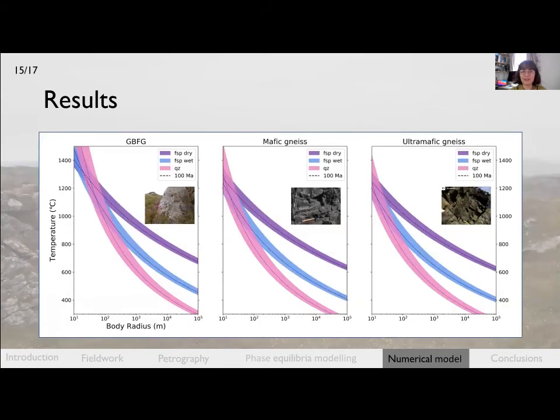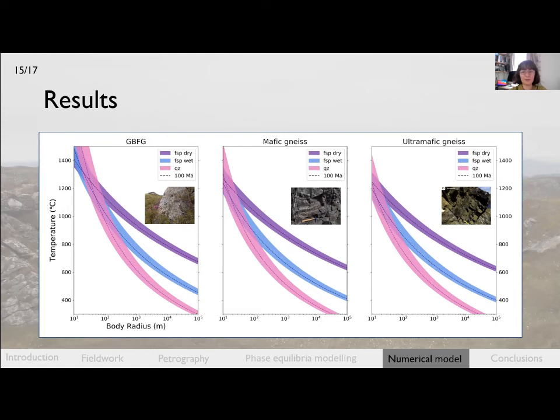We can then plot these curves for each possible particle end member and for all of the TTG relevant flow laws, noting that as TTGs are feldspar dominated, their behavior is best represented by outcomes closer to the feldspar flow laws than quartz. We can add constraints based on our observations of the Lewisian to define the relevant area in terms of temperature and body radius that we want to think about for the Lewisian.